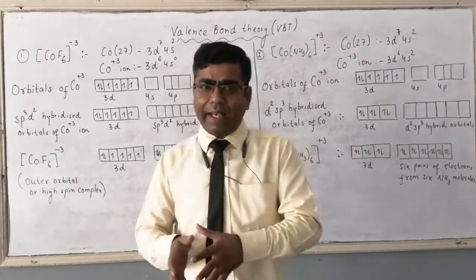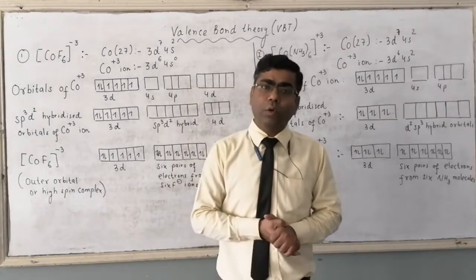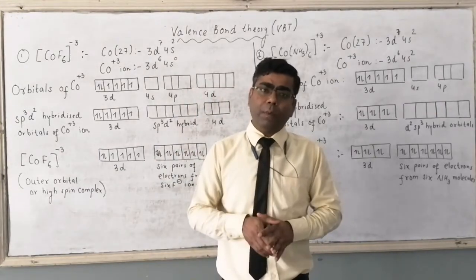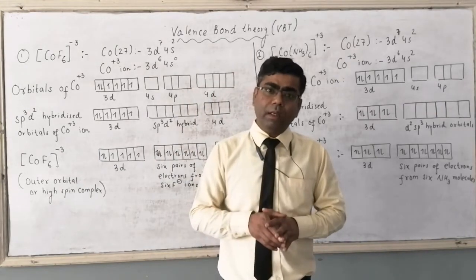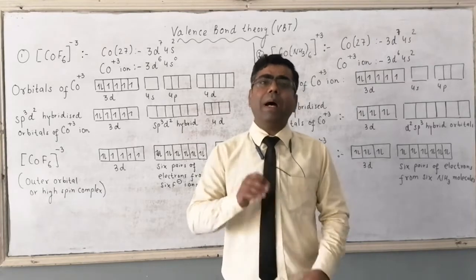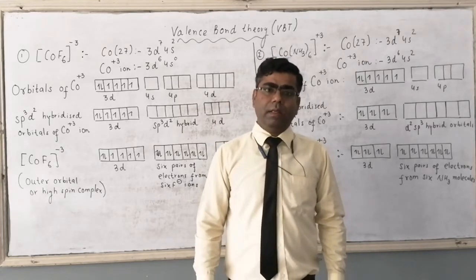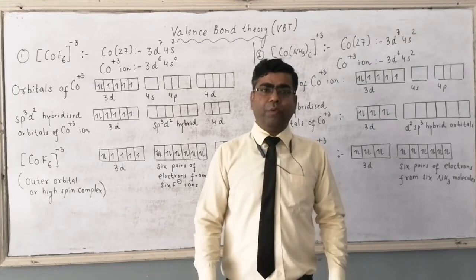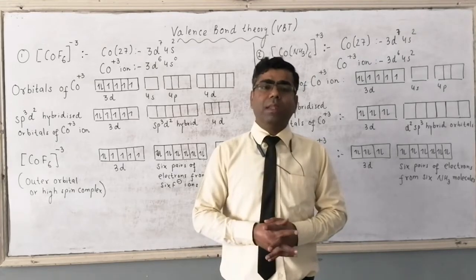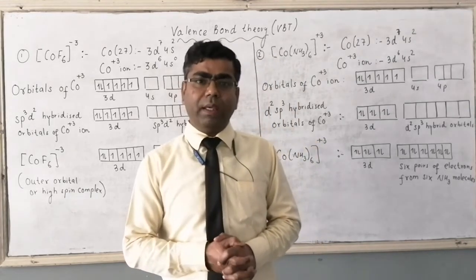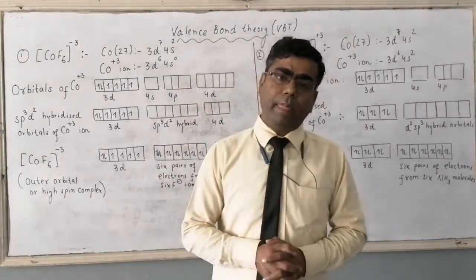When one d, one s and two p orbitals undergo intermixing of energy, we obtain four dsp2 hybrid orbitals. And if hybridization is dsp2, then the geometry of the molecule will be square planar.